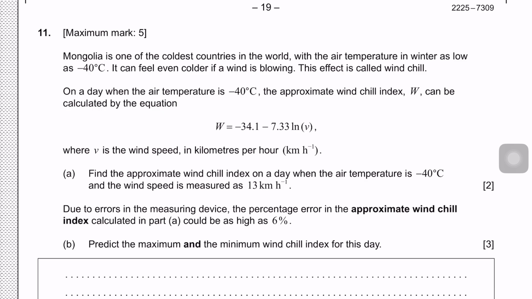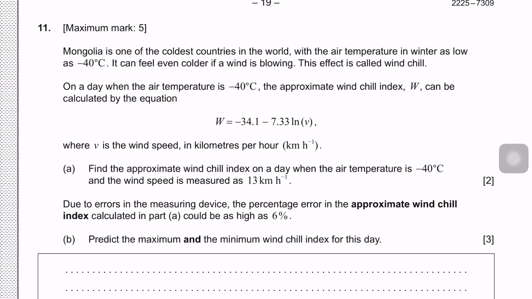On a day when the air temperature is negative 40 degrees Celsius, the approximate wind chill index, W, can be calculated by the equation W equals negative 34.1 minus 7.33 ln V, where V is the wind speed in kilometers per hour, and this is just another representation of kilometers per hour. Part A, find the approximate wind chill index on a day when the air temperature is negative 40 degrees Celsius and the wind speed is measured as 13 kilometers per hour.